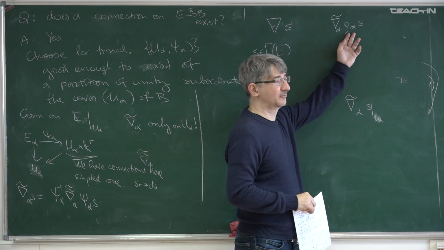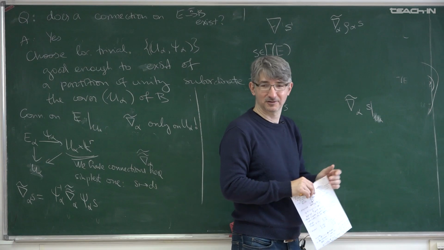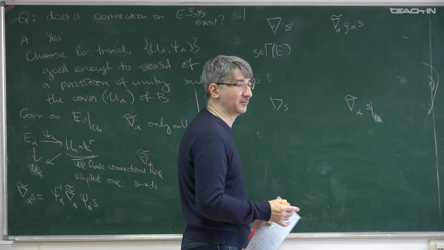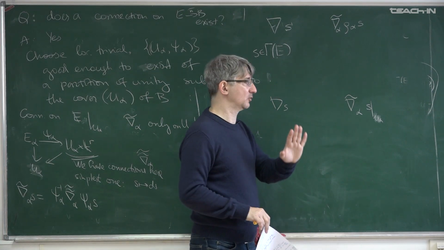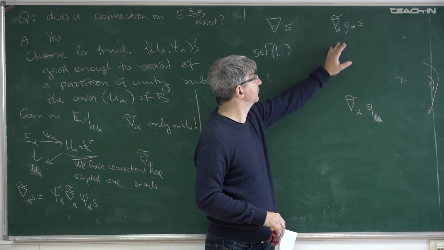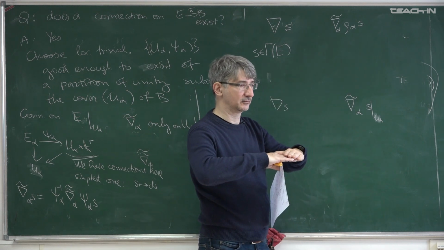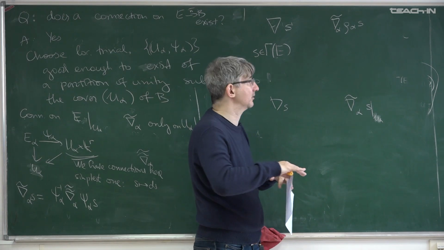Me, I multiplied by rho alpha. Zhenya says you don't need it, just restrict. Maybe it's correct. We will check. So at this moment we have local data, because this thing and this thing do not coincide on overlaps. Obviously, they do not coincide.